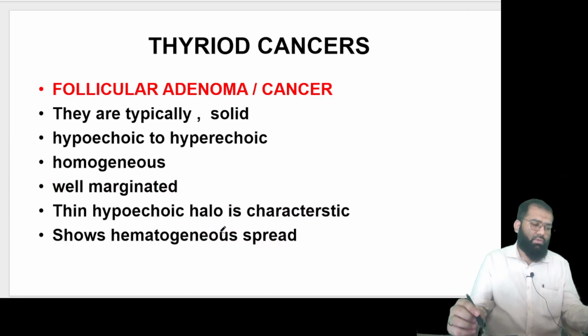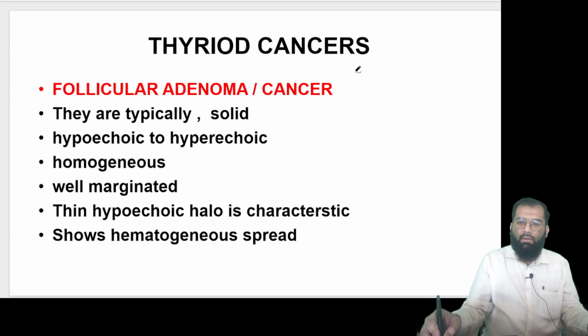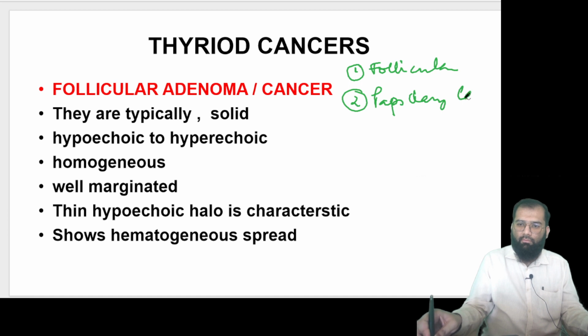So when it comes to thyroid CA, as I had already mentioned, but just to brush it up, the main CAs are: number 1, follicular CA, most important. Number 2, papillary CA. Number 3, anaplastic CA.